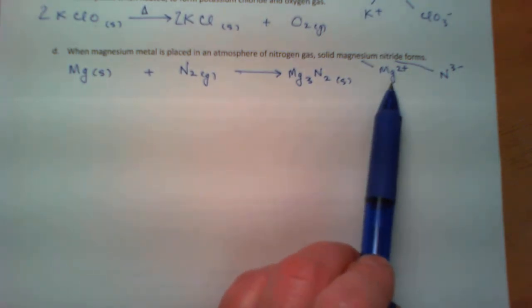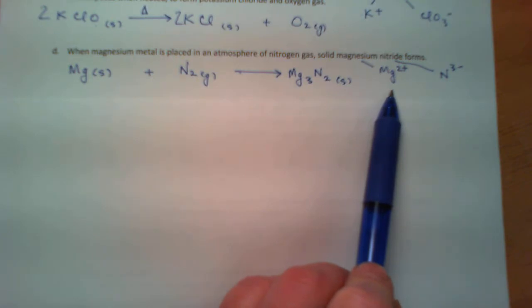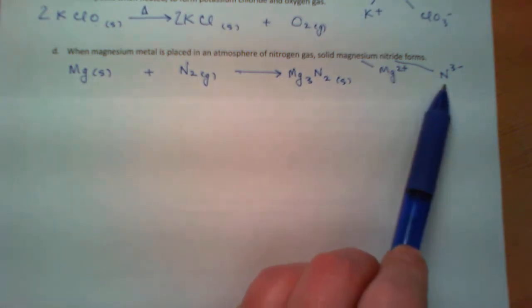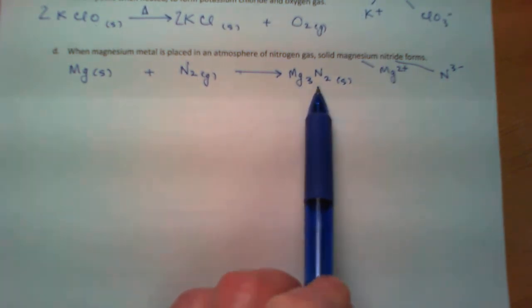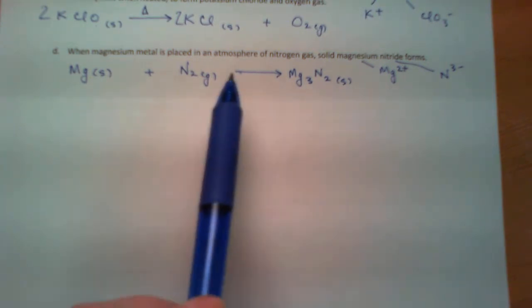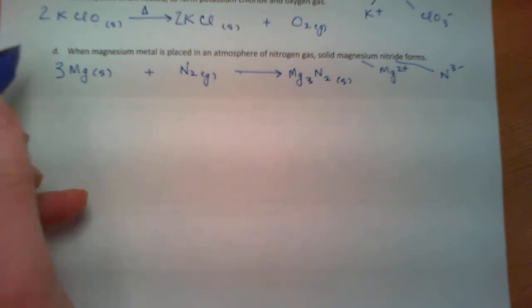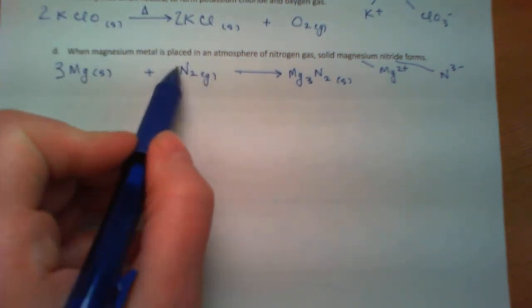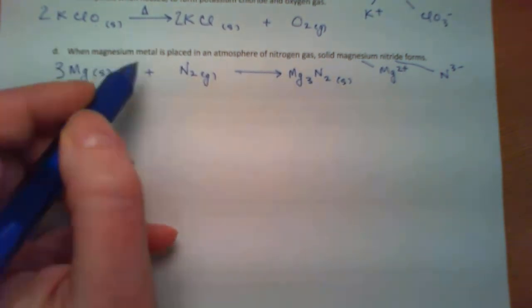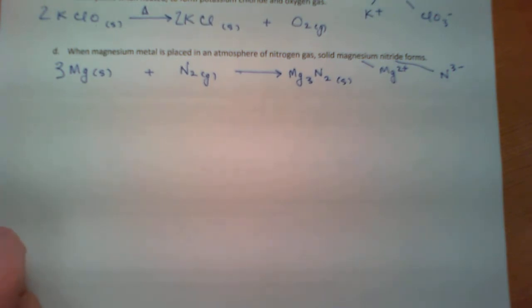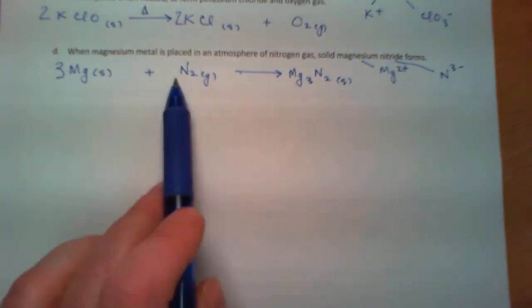Magnesium is an alkaline earth, so that's Mg2 plus, and to make a neutral ionic compound I need Mg3N2. And so I need 3 magnesium solid in front of, see, here's nitrogen, another diatomic gas. 3, that's it. 3, 1, 1.